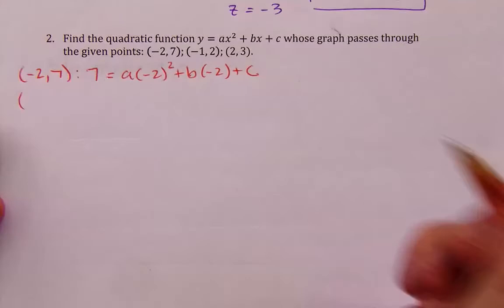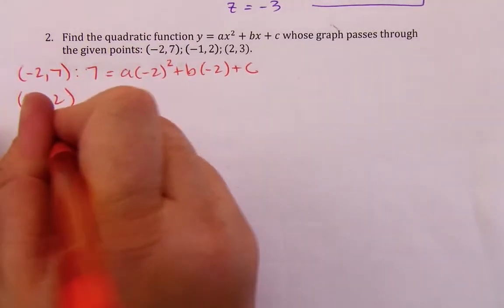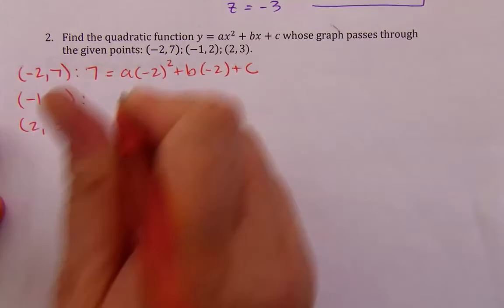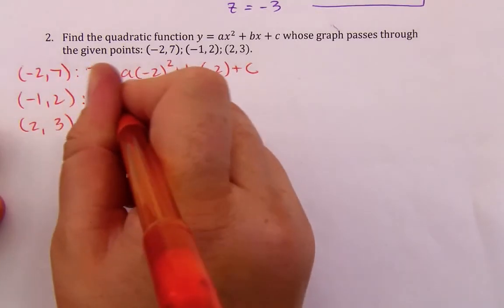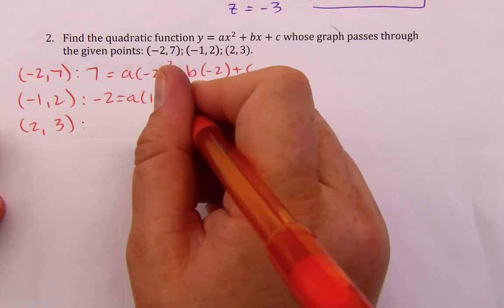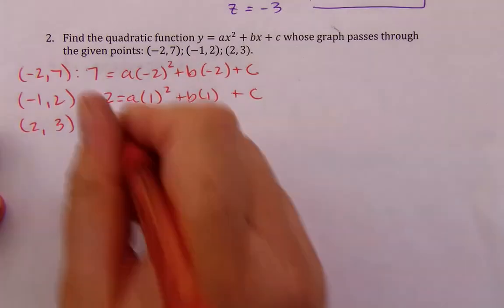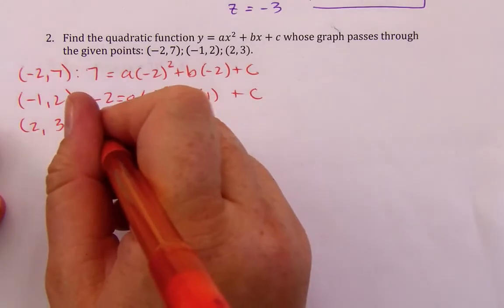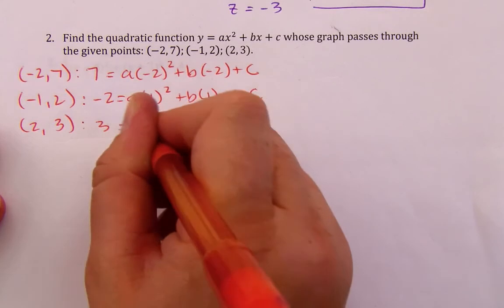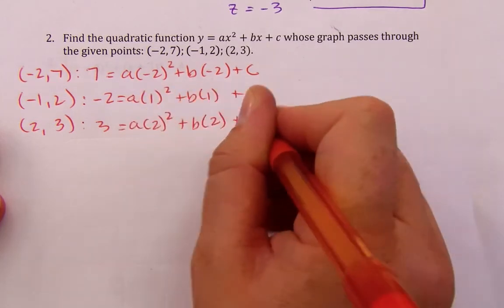And then for -1, 2, and for 2, 3, I'll do the same thing. So I'll end up with -2 equals a times 1 squared plus b times 1 plus c. And then for this one, I will have 3 is equal to a times 2 squared plus b times 2 plus c.